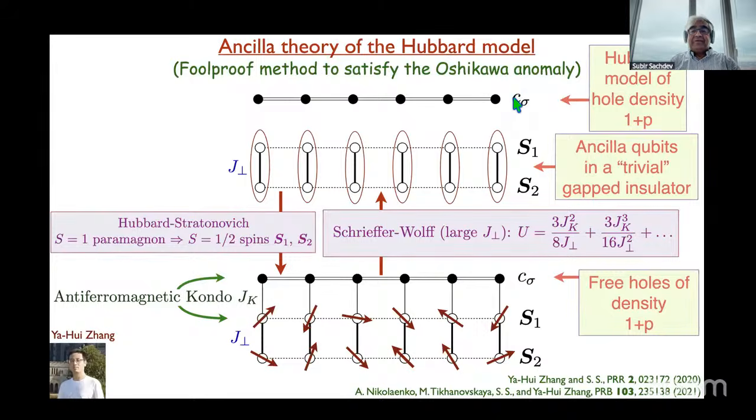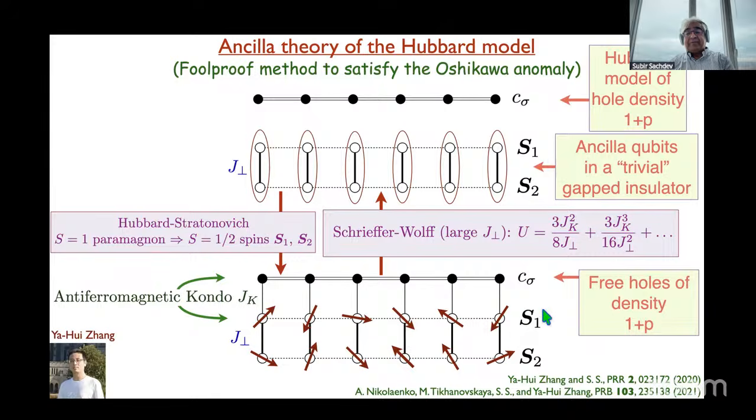You can start with a Hubbard model and just add a decoupled set of spins, which form a trivial spin ladder compound with a trivial ground state. It's very important that you add something with a trivial state. Then by canonical transformation, you can write it down in the way I've been describing.